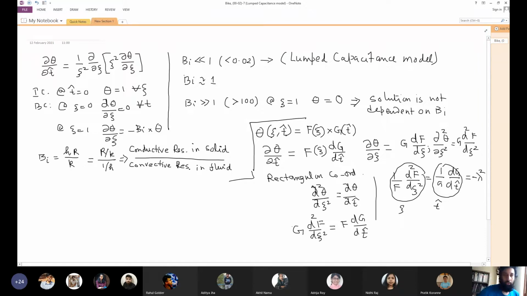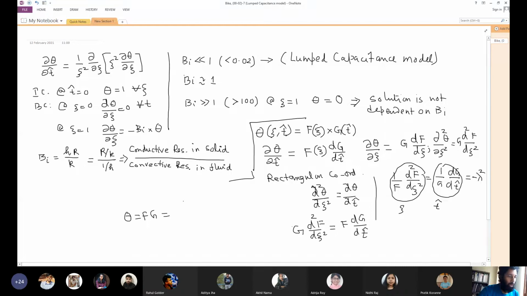Now you solve this equation for f, solve this equation for g, and you get a solution like this. Then you write theta equals to f times g.